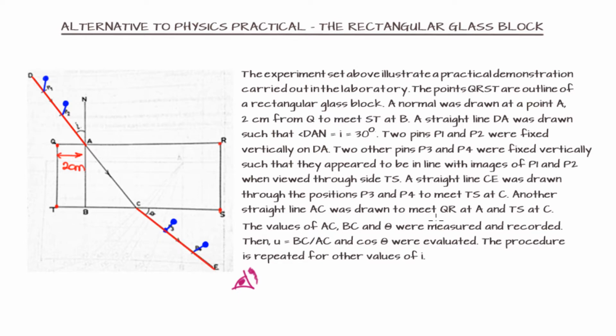That straight line will also join, as shown in red, to meet the outline of the glass block, and then we can take the measurements that we will be asked to take from the experiment. So this is exactly what we are going to do.